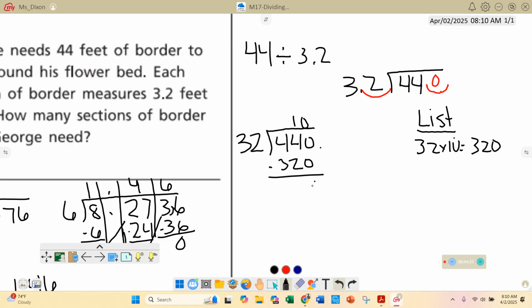Subtract. That's 0. 4 minus 2 is 2. 4 minus 3 is 1. All right, we can't stop, so we have to keep going. Can't do another 10 groups, so let's try 5.